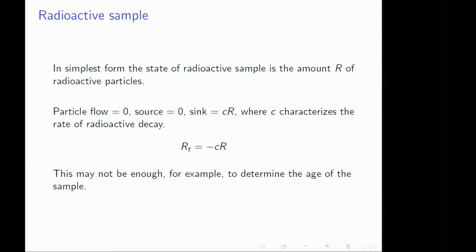About the radioactive sample, the simplest model is that the state is simply the amount of radioactive particles, denoted by R. So we are just counting particles, or particle density if needed, depending on how we want to do it.